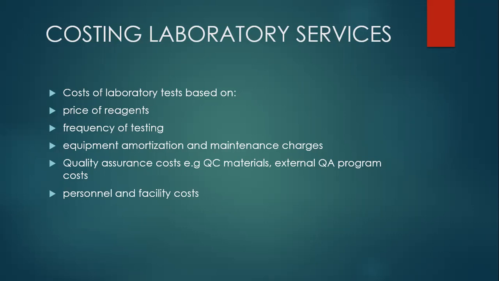So in terms of electricity, it is not so easy to say that the lab consumed this amount of electricity, or the lab consumed this amount of water, because there's no meter for the lab alone. The meter is for the whole hospital. So what you do is that you look at a fair basis of sharing this cost. With electricity, you can look at how many equipment or how many gadgets the lab is using.